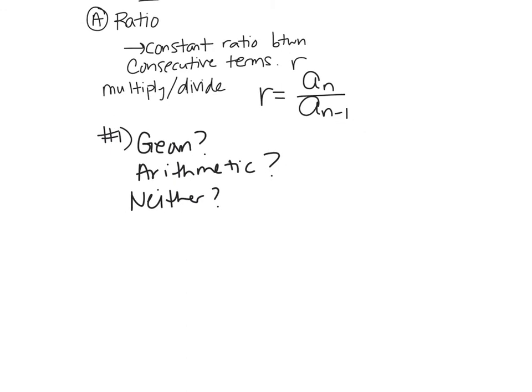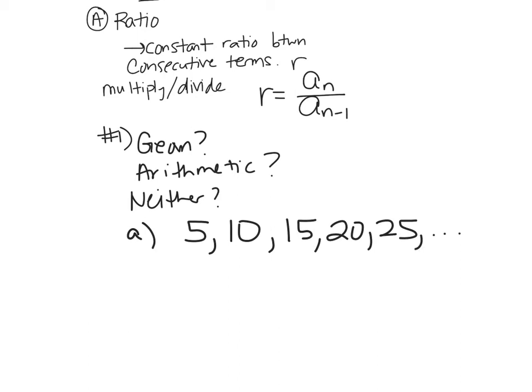Here we go. Letter A. 5, 10, 15, 20, 25. You need at least 3, by the way. If I just stopped at 5 and 10, then I can't tell what that is. It could be anything, right? All right, so 5, 10, 15, 20, 25.